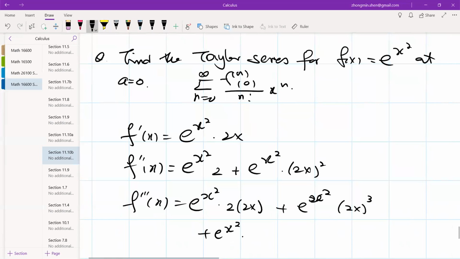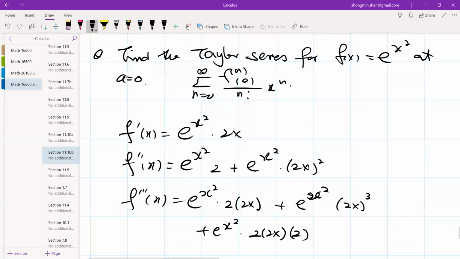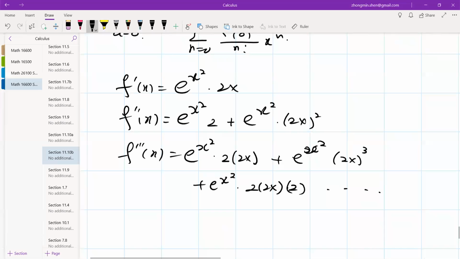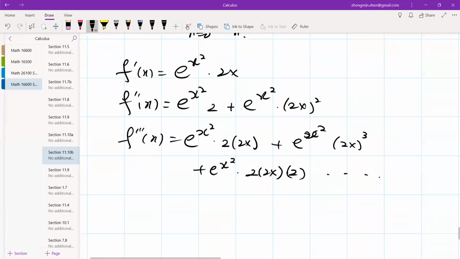Oh gosh, so 2x times 2. It's really difficult, it's hard to find a pattern. It is hard to find the formula for this.